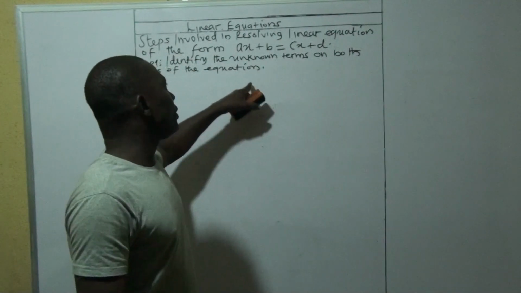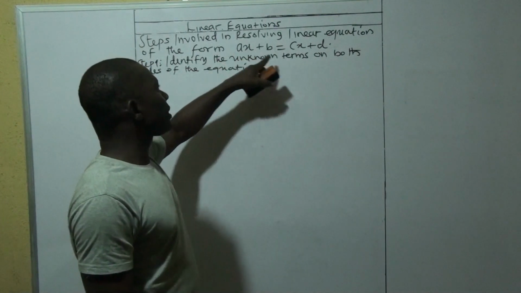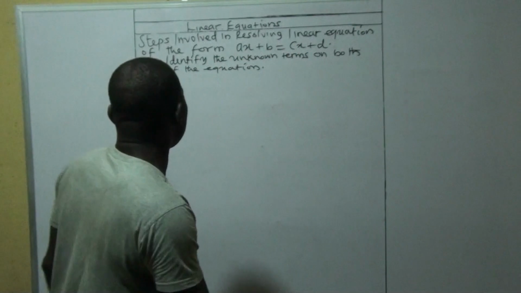If you look here, the unknown terms are ax and cx. That's the first thing you have to identify.